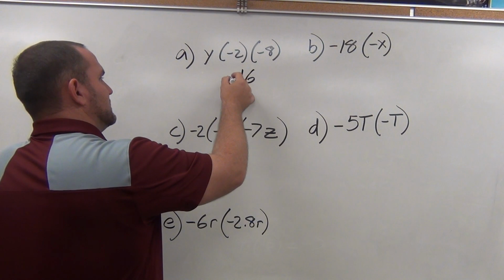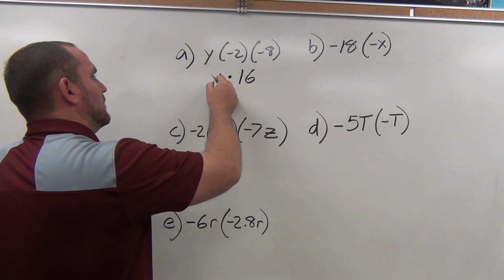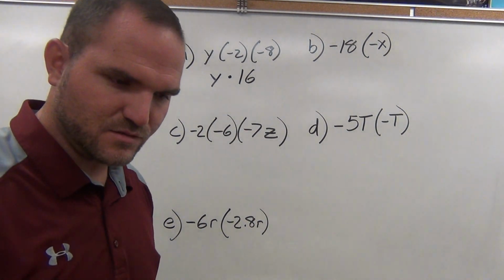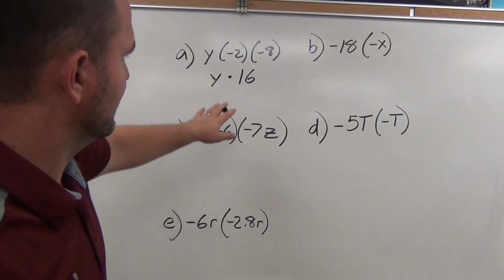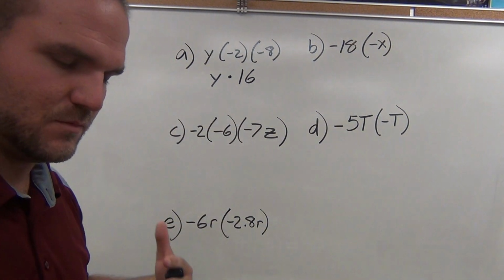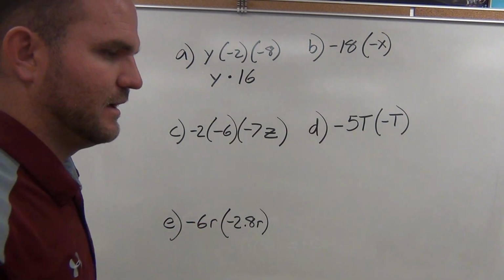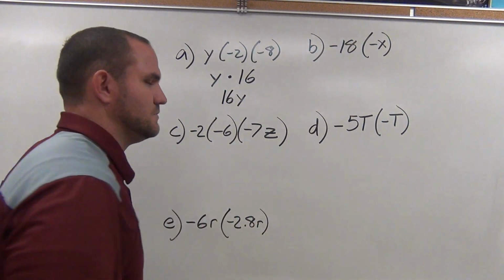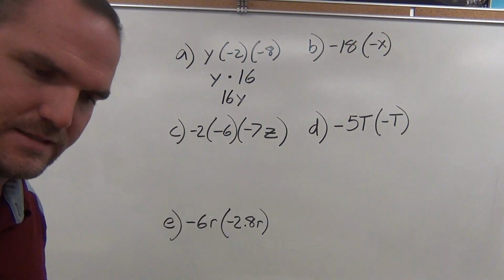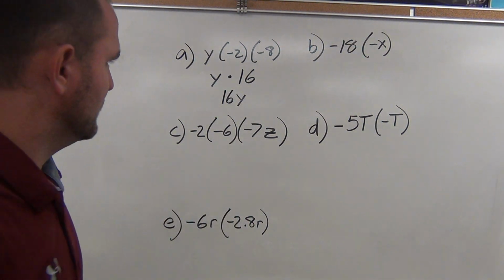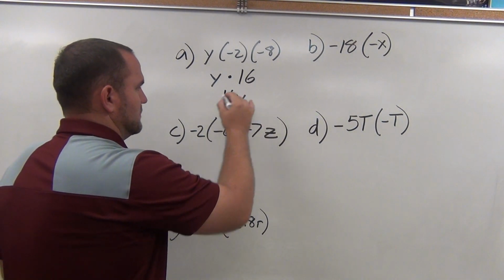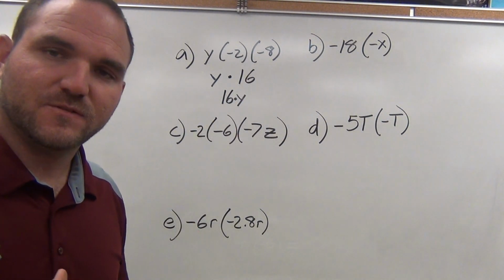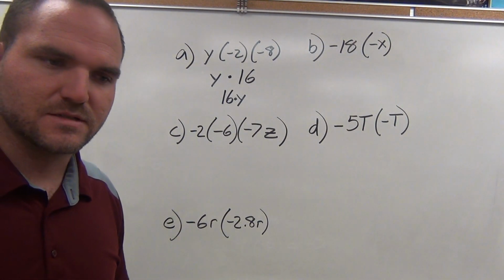Now, we still have the y, and we don't know what that is. And so in algebra, instead of leaving it like this, they'll multiply 16 times y, and they'll leave it like this. So now it's 16y, but really what it's saying is, we have a variable, but we don't know what it is. But in the future, when you find out what that variable is, you need to multiply.